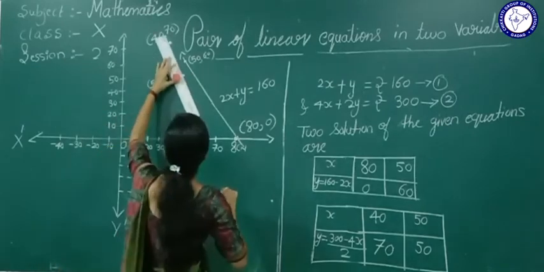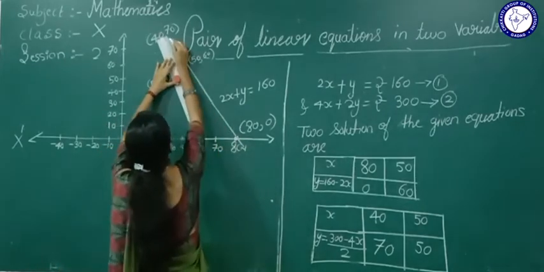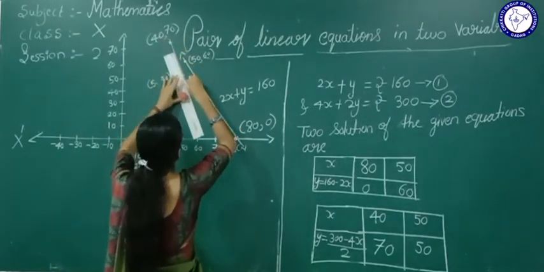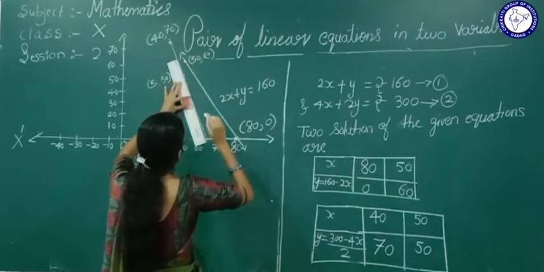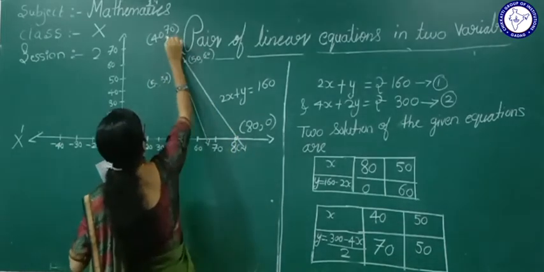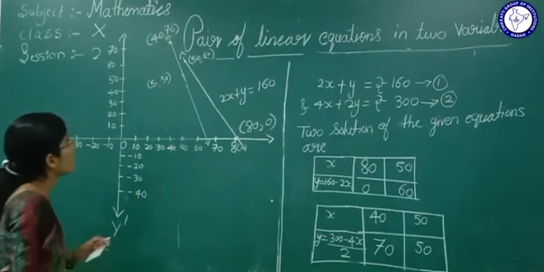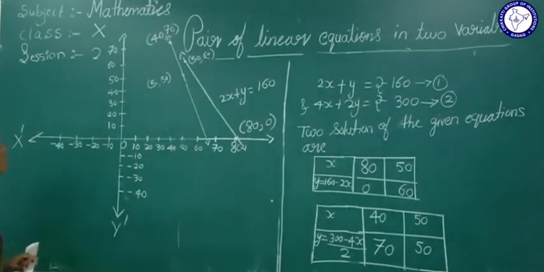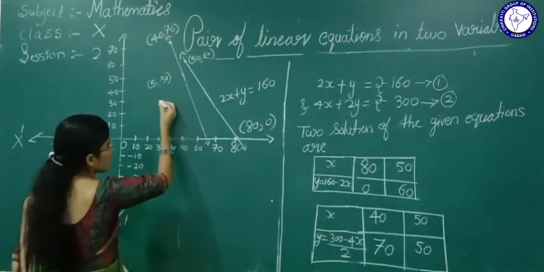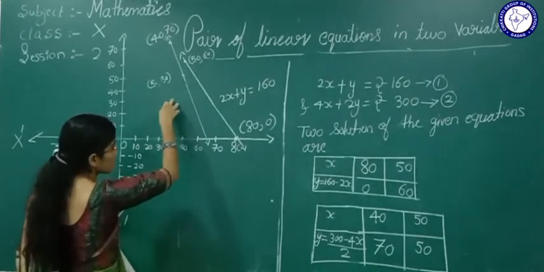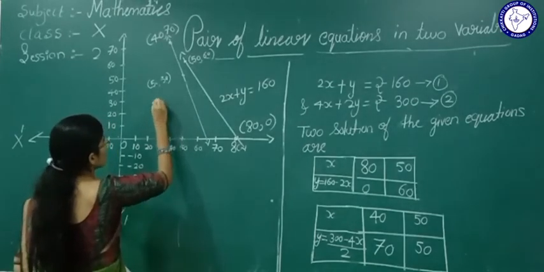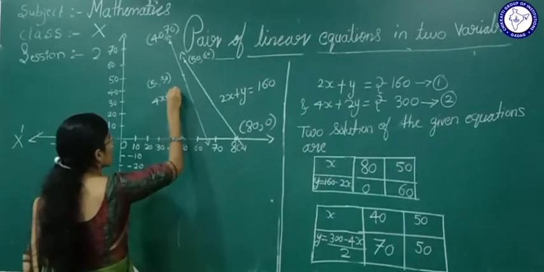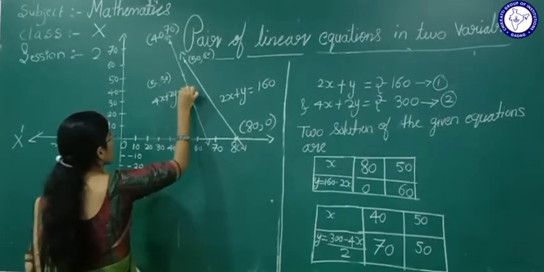Okay, we will join these. See here, this is the line for the equation 4x plus 2y is equal to 300.